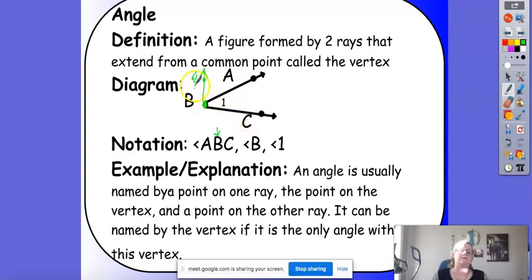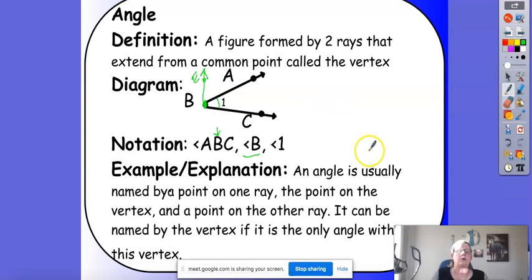B happens to be the vertex of EBA, and it's also the vertex of ABC. So you have to be really careful when you try to call an angle only by its vertex. It better be the only angle with that vertex, otherwise it's confusing. Sometimes you'll see these little numbers here, and I can say that is angle 1. A lot of times they'll look like that.